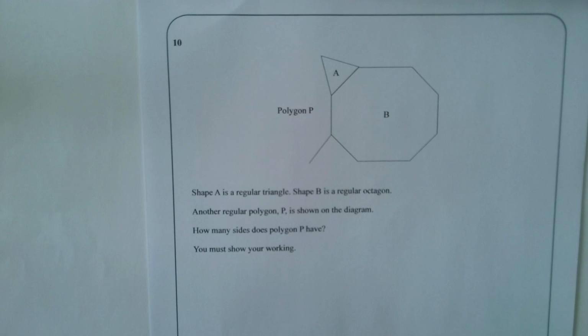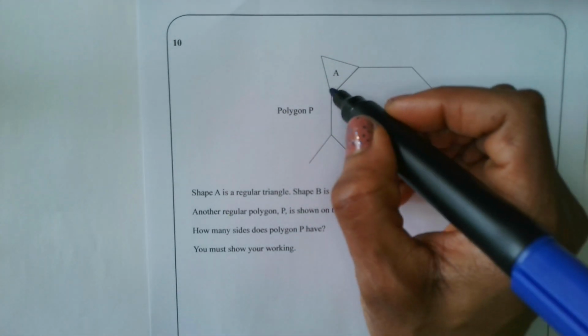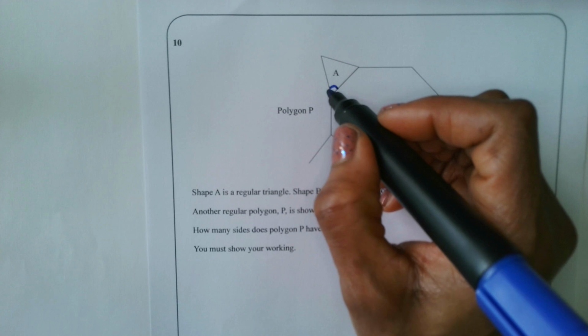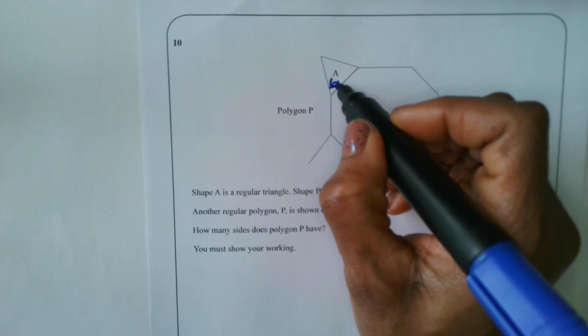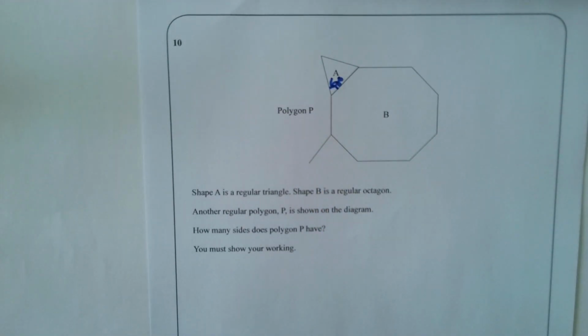Okay, let's do this last question. All right, we've got shape A, a regular triangle, which means each of the inner angles should be 60 degrees. So this is 60 degrees for each angle of a regular triangle, which means it's an equilateral triangle. Shape B is a regular octagon.